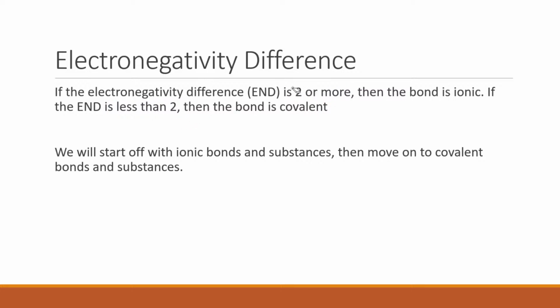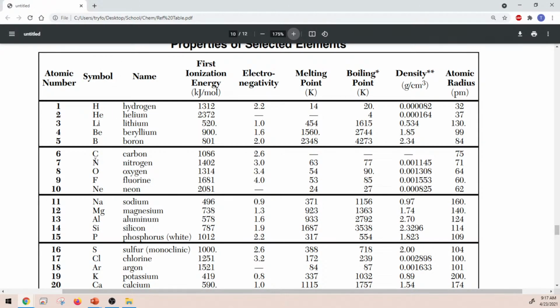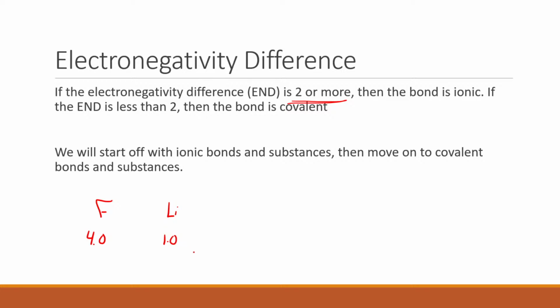The idea is that if the electronegativity difference is greater than 2, say we have fluorine, which has a 4.0, and compare that to lithium, which, using table S, has an electronegativity of 1.0, the electronegativity difference is 3.0.